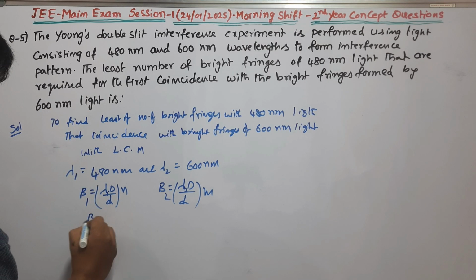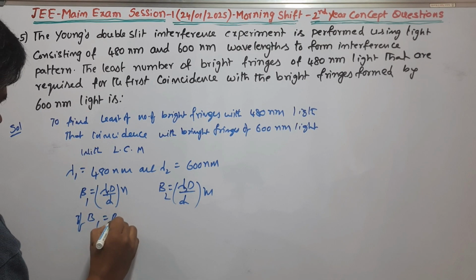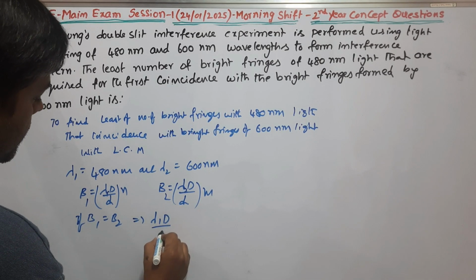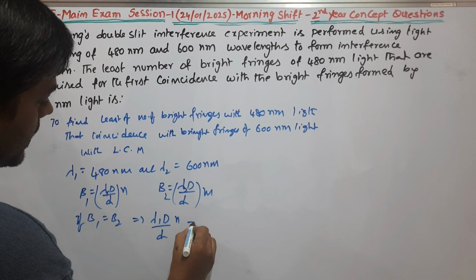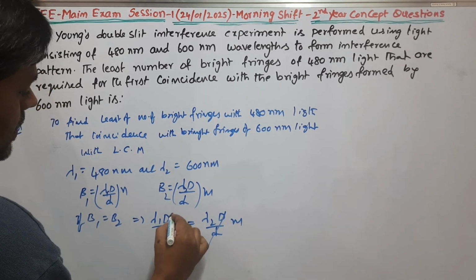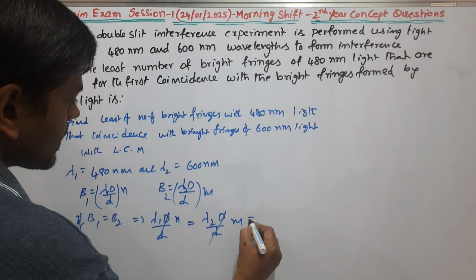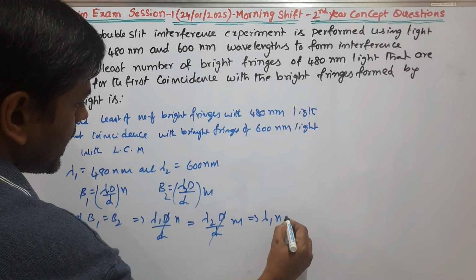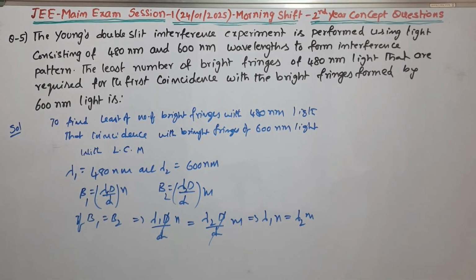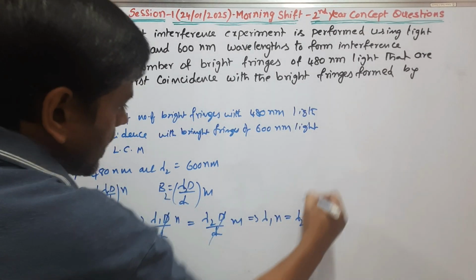So if beta 1 is equal to beta 2, that implies lambda 1 D by d into n is equal to lambda 2 D by d into m. This lambda D by d is cancelled. That implies lambda 1 n is equal to lambda 2 into m. Here you want to calculate the LCM.